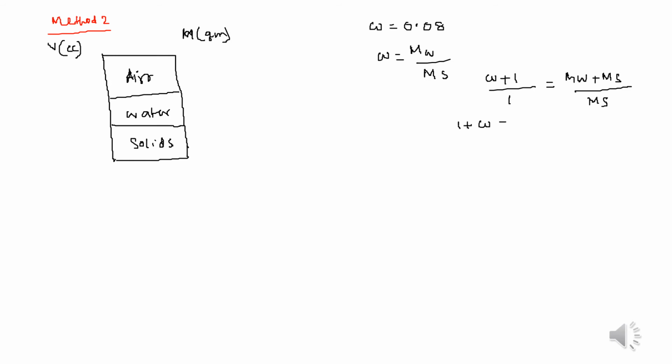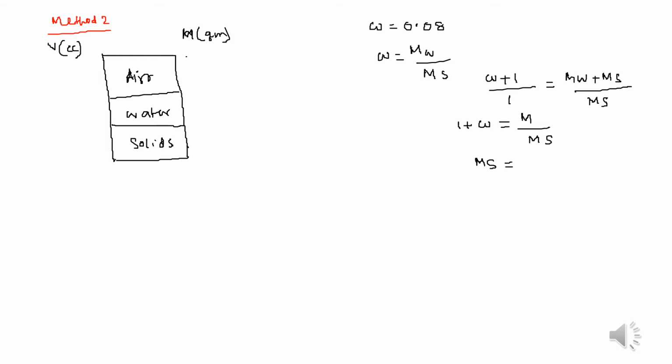So simple mathematics we are doing. So we get 1 plus w is the total mass of the sample by the mass of the solids, right?